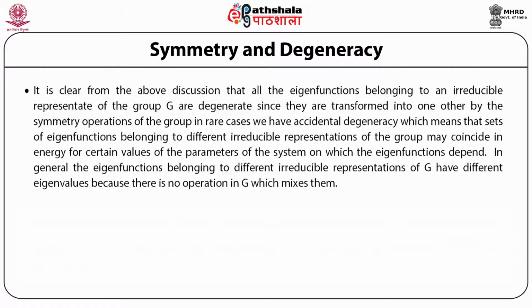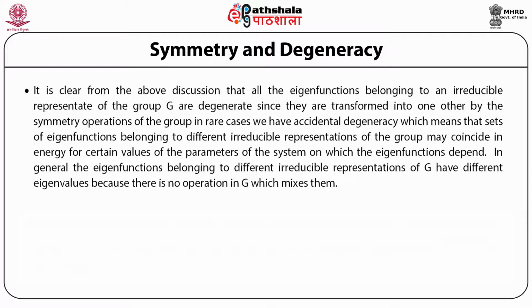In rare cases, we have accidental degeneracy, which means that the set of eigenfunctions belonging to different irreducible representations of the group may coincide in energy for certain values of the parameters of the system on which the eigenfunctions depend. But this is not a property of the group of transformations; it is an accidental degeneracy.